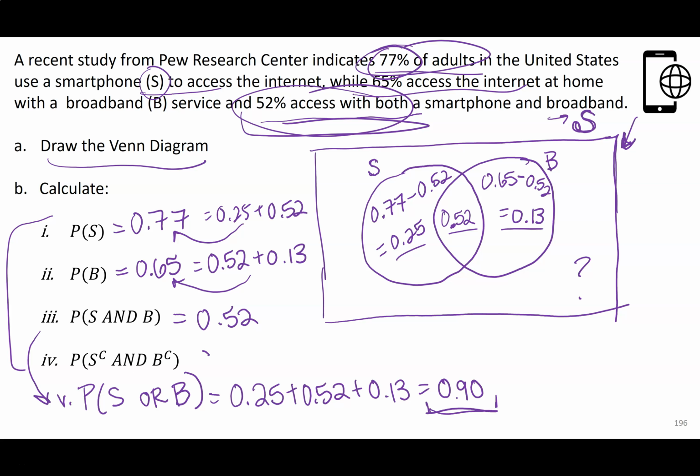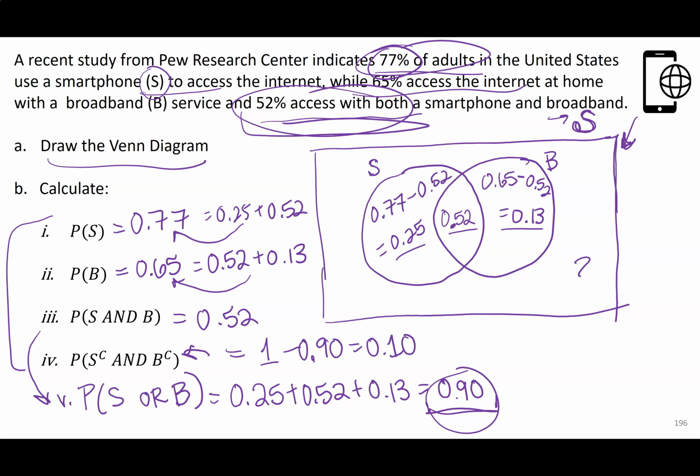So now I'm going to go back to this question. So if 90% have at least one of them, what's the probability you randomly select someone they don't? So it's going to be 1 minus this 0.90. So that's going to be 0.10.